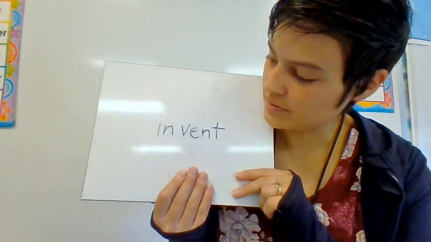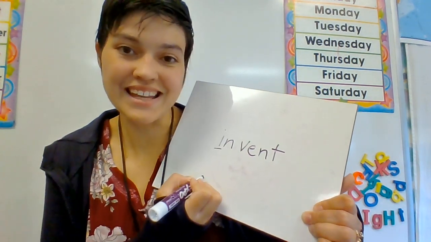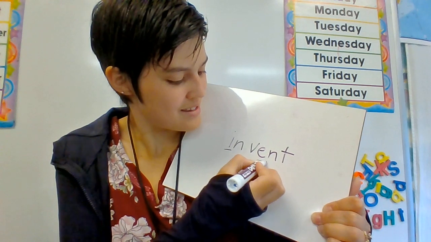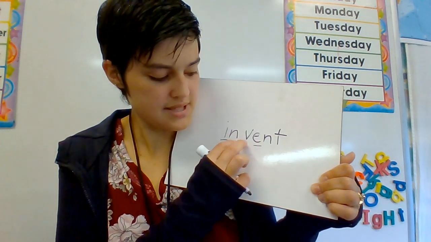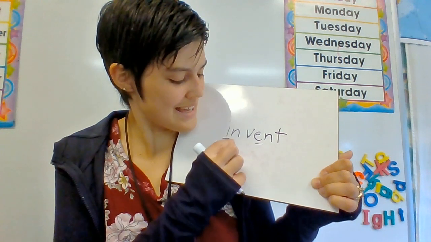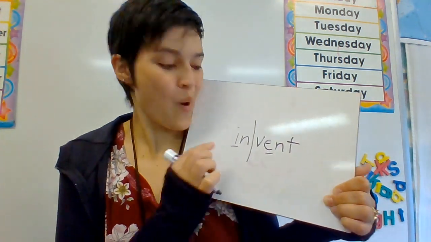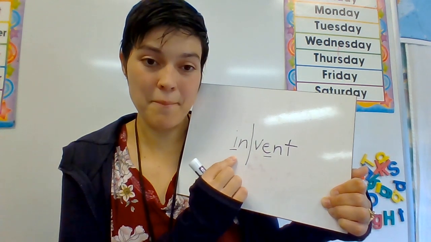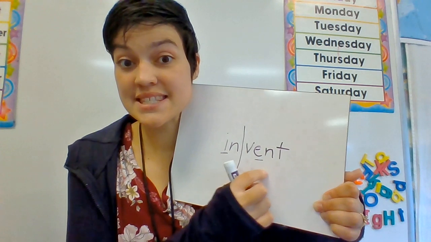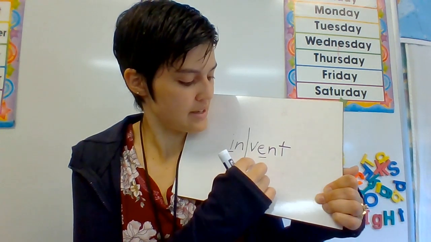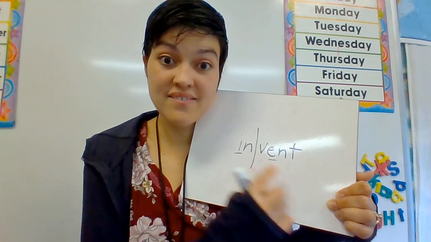I and E. Now, where are the dividing consonants, the two consonants that separate the vowels? N and V. So let's divide it there. What does the first syllable say? Very good. In. And what does the second syllable say? Vent. In and vent equals invent.